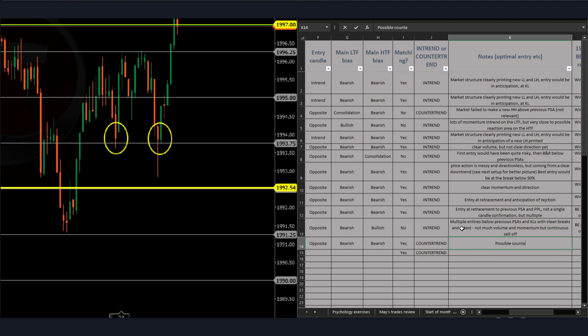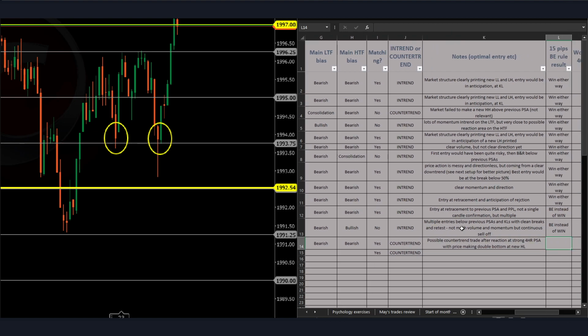Possible counter trend trade after reaction strong 4-hour PSA with price making double bottom at new higher low. So this would be for example, if this was the entry, this would be a win.